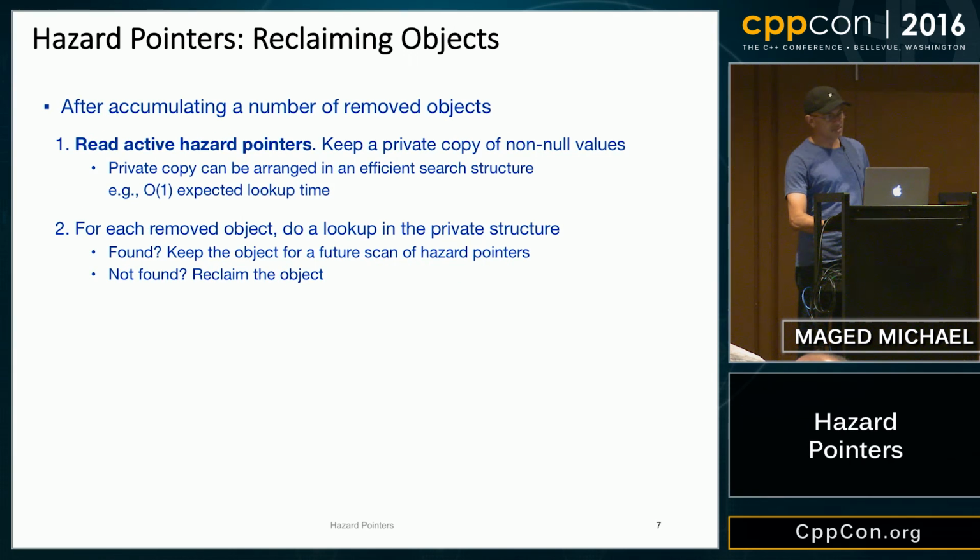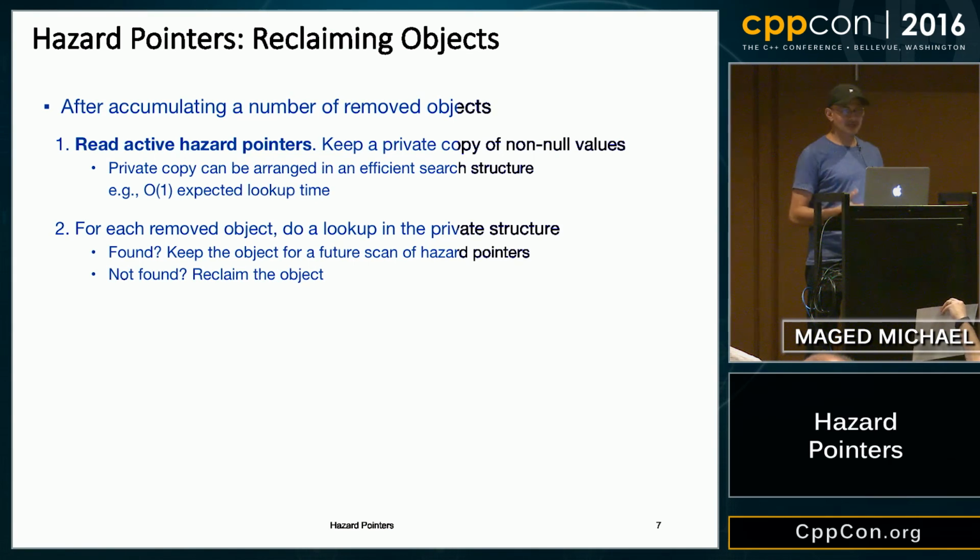And that's from the user side, the one trying to protect objects using hazard pointers. From the reclamation side, the threads that are removing objects and retiring them and want to reclaim them cannot reclaim them right away. In its simplest form, they would go and check all the hazard pointers. If it doesn't match any values, it's okay to free.